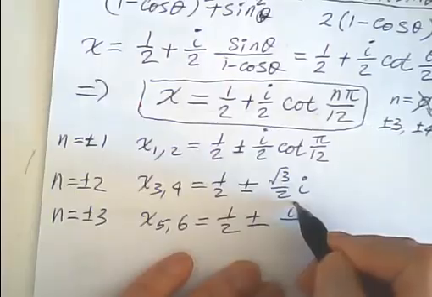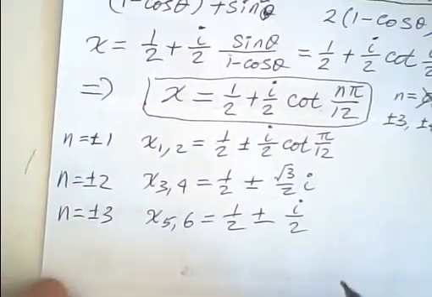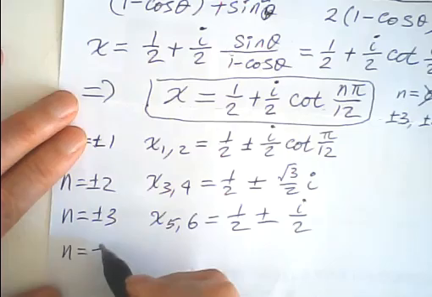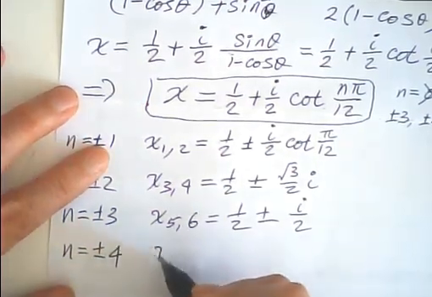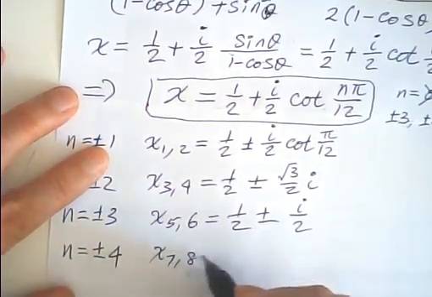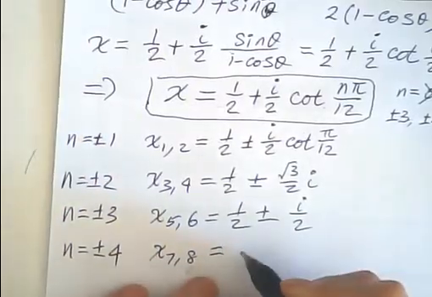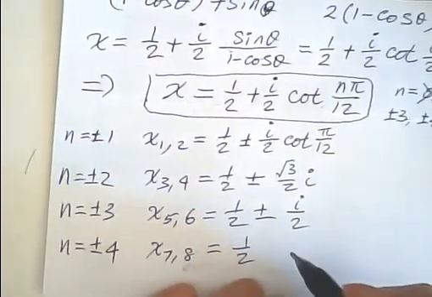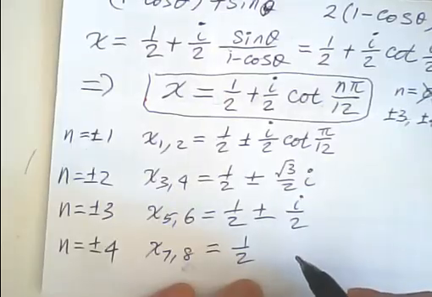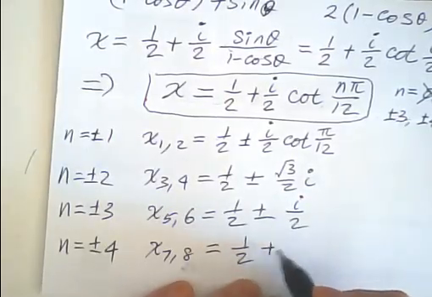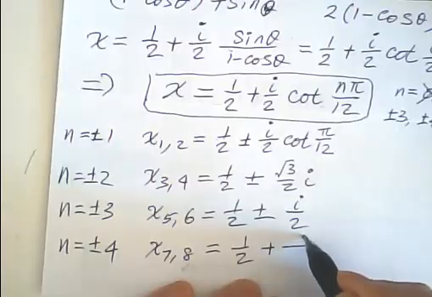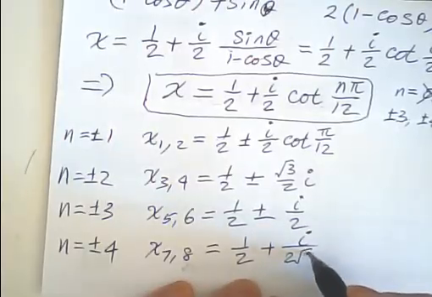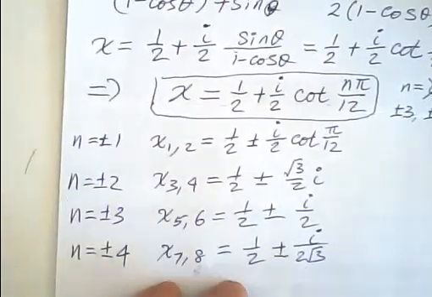So, yeah, n equal to plus or minus 4, this is x7 and x8, is equal to 1/2 plus or minus i over 2 root 3, okay.